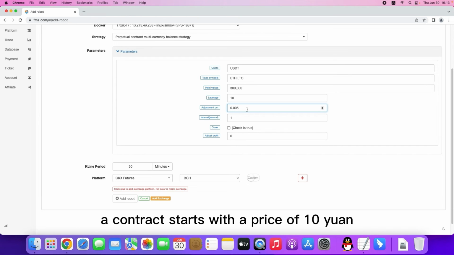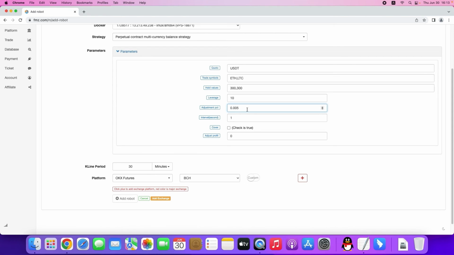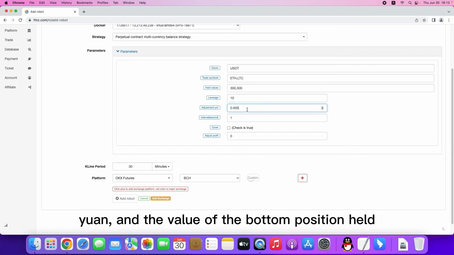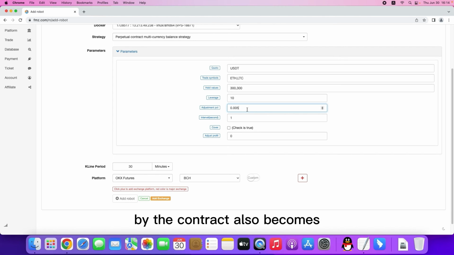For example, a contract starts with a price of 10 yuan. If the base position held is 10 yuan, when the price rises by 50%, it is necessary to reduce the position, because after the price has risen by 50%, it becomes 15 yuan, and the value of the position held by the contract also becomes 15 yuan, which needs to be reduced by 5 yuan.